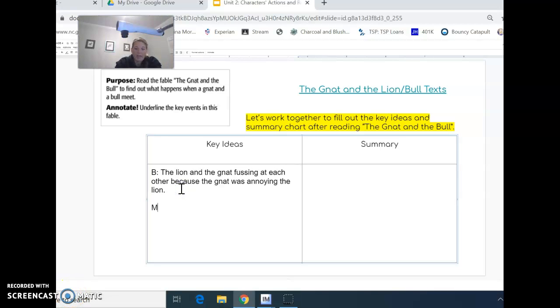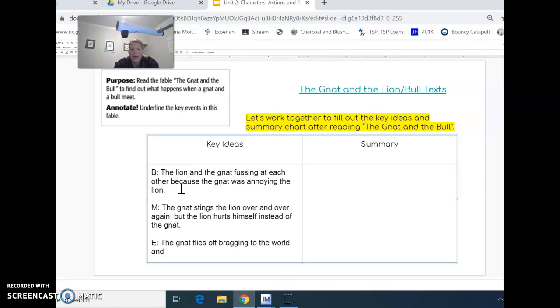Then in the middle, we have the gnat stings the lion over and over again, but the lion hurts himself instead of the gnat. Okay? In the end of our story, we have the gnat flies off, bragging to the world, and then flies into a spider web and dies.